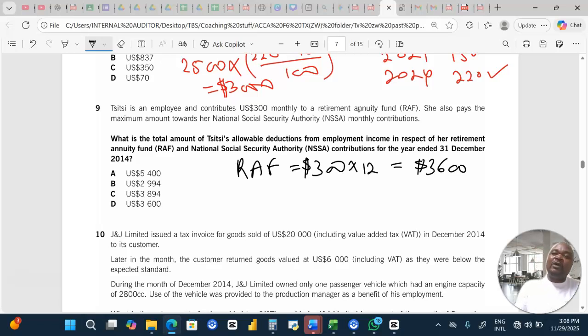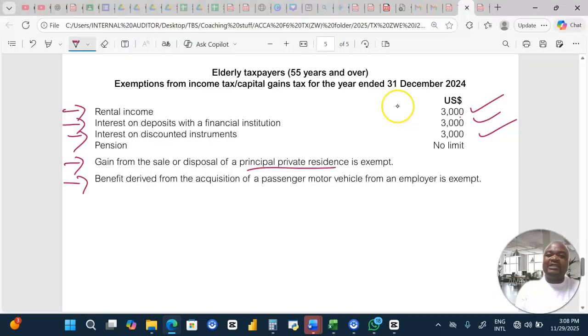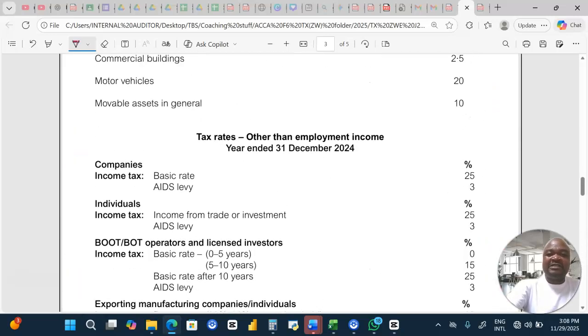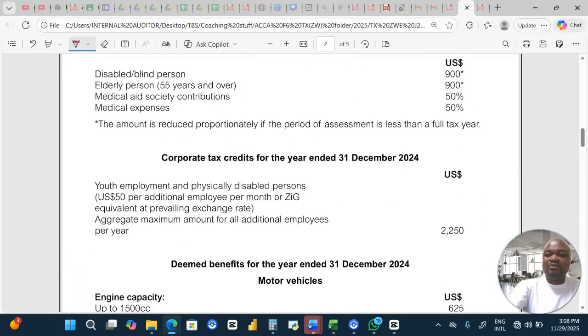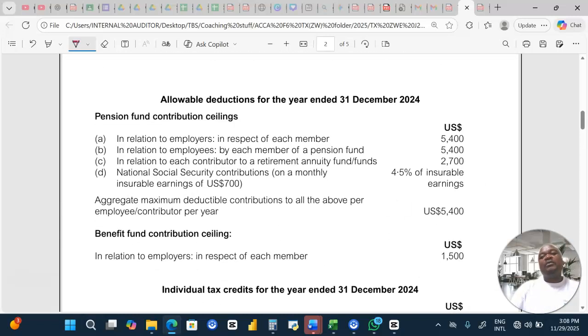When we get to the tables, always refer to the tables. The text means rules and regulations. We come here. These are allowable deductions. Anything outside this is not going to be allowable.